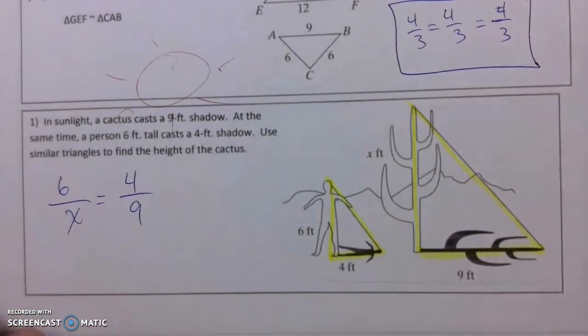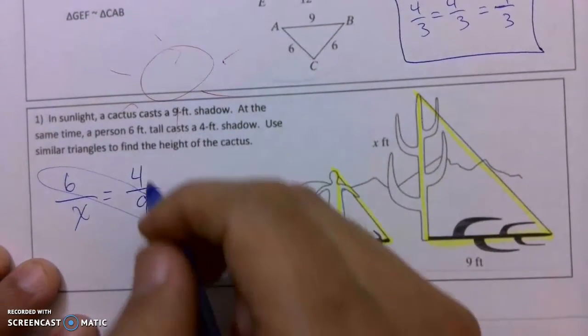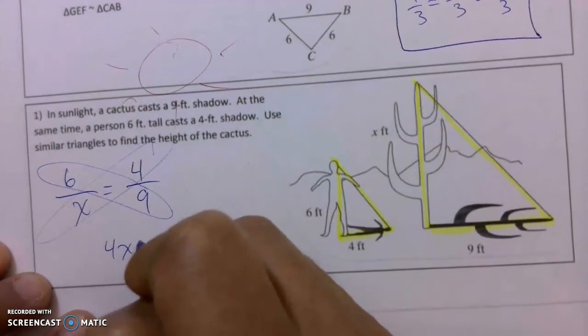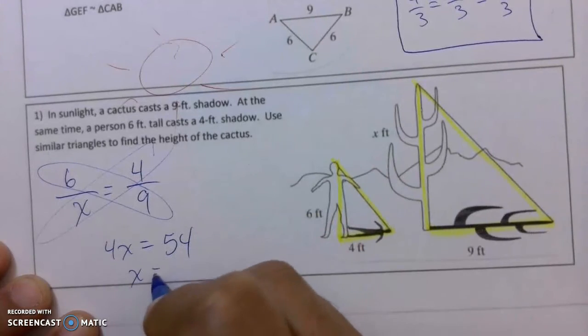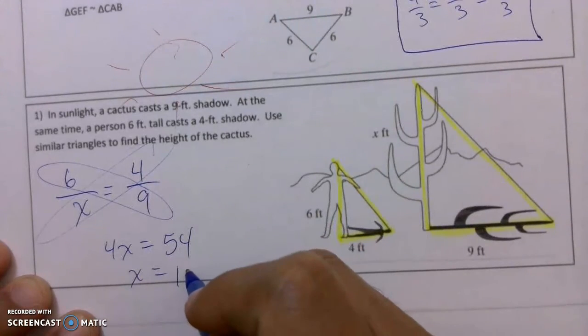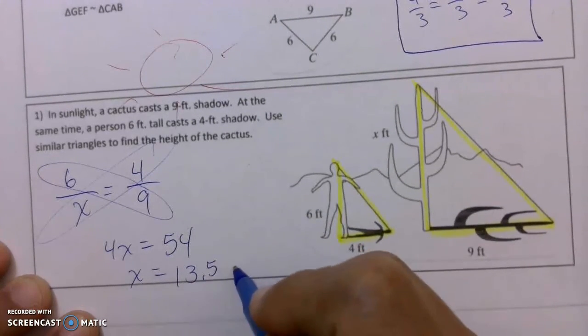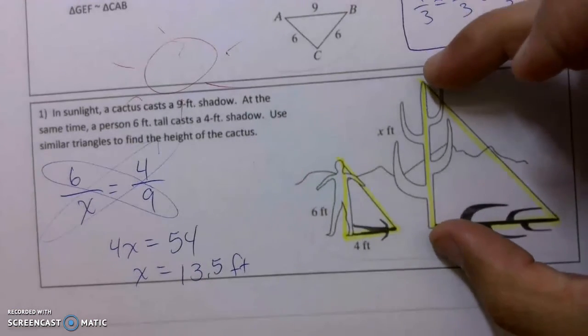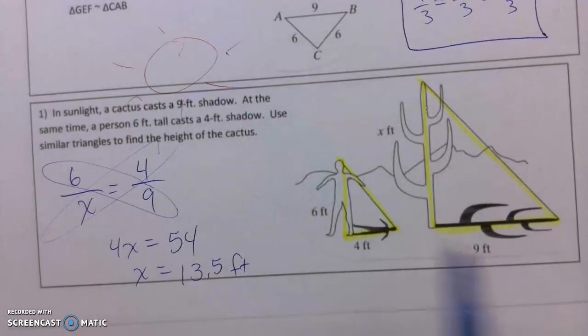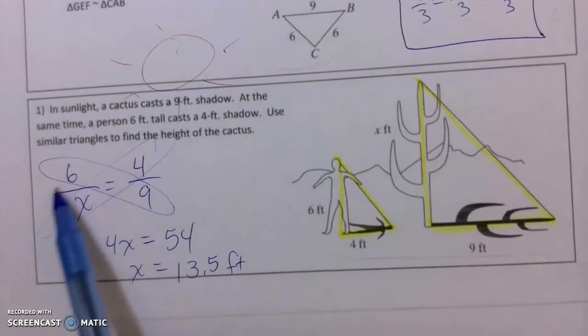And then once you have that, you would simply cross multiply to solve. This is 4x is equal to 54. X is equal to 13.5. I hope that's correct. So the cactus is 13.5 feet based on this setting up of a proportion.